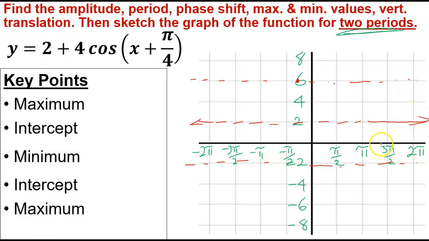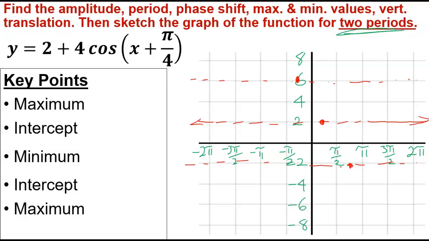Okay. So the next is pi over 4, which will be in between 0 and pi over 2 here. It will come to midline. And then the next is going to be 3 pi over 4, which will be at the minimum, between those two.